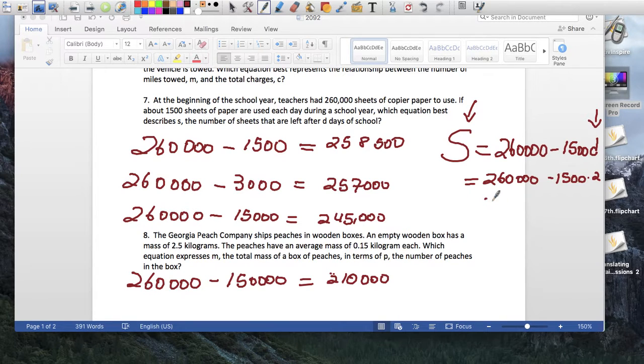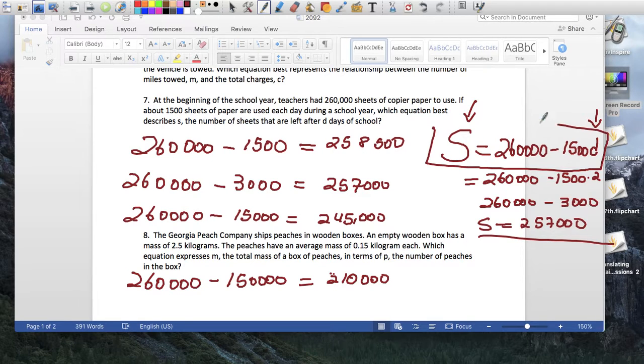Order of operations tells us that we have to do that first. 1,500 times 2, which is 3,000. And I would get 257,000. So S equals 257,000 sheets of paper left. So my equation is this one. Okay.